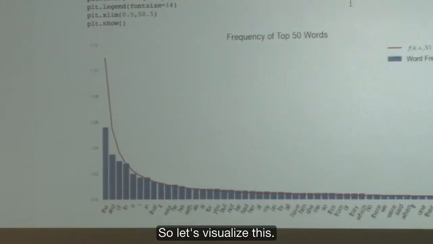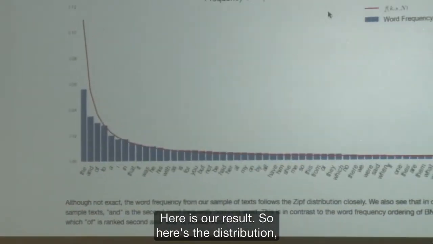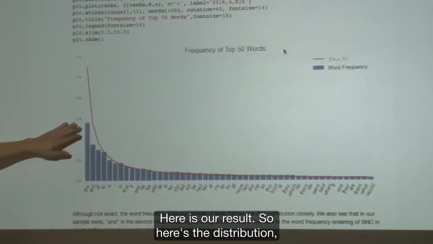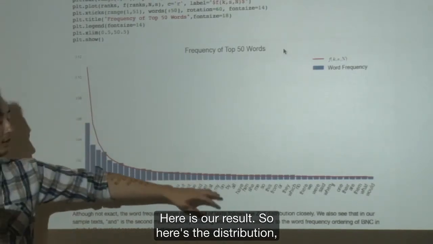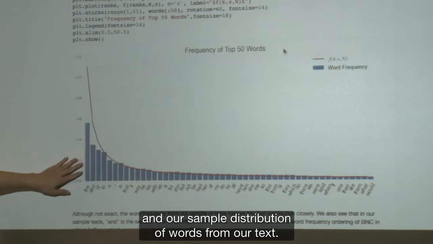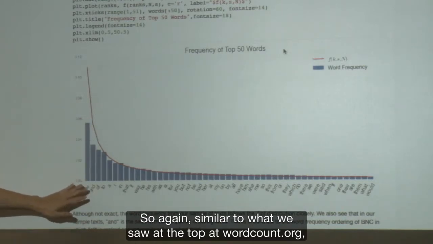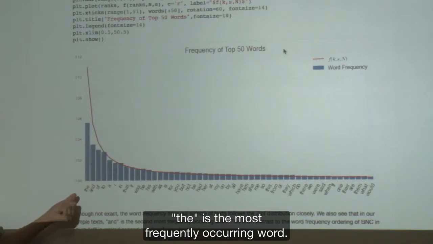So let's visualize this. Here's our result. Here's the Zipf distribution and our sample distribution of words from our text. Again, similar to what we saw at the top, wordcount.org, the is the most frequently occurring word.